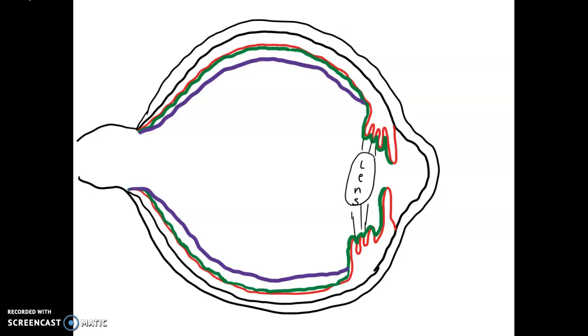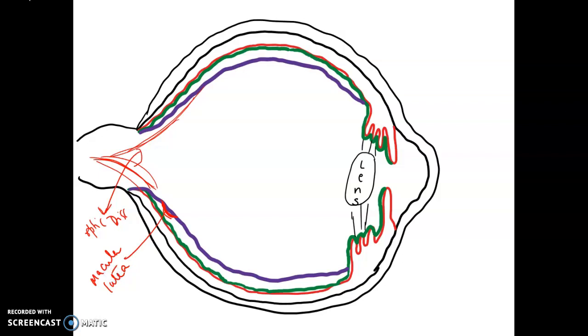So, we know that we have the cranial nerve II, or optic nerve here, and this spot is called the blind spot or the optic disc. Lateral to the optic disc, there is a depressed area called macula lutea.